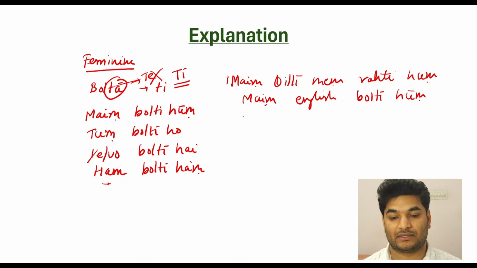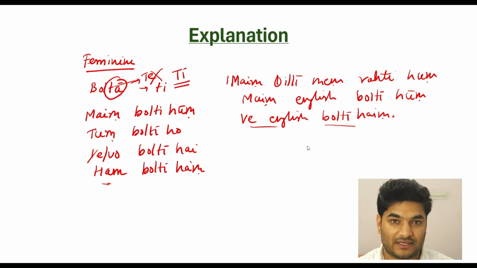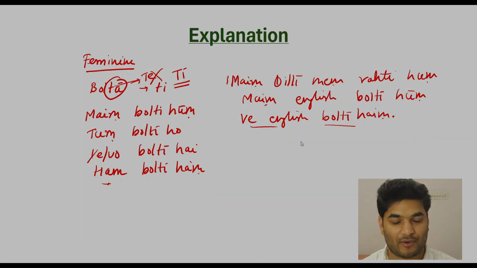I speak English. वे इंग्लिश बोलती हैं. For two girls, they speak English. Right? This is how we conjugate the verbs बोलना and रहना in present simple with all the personal pronouns.